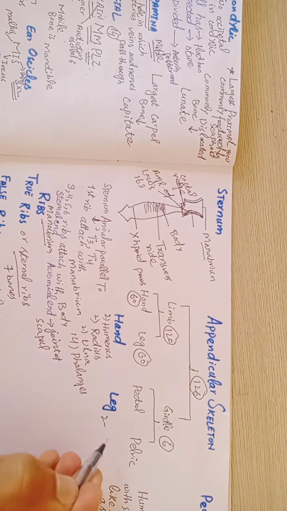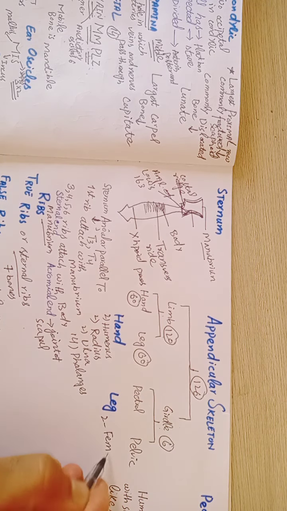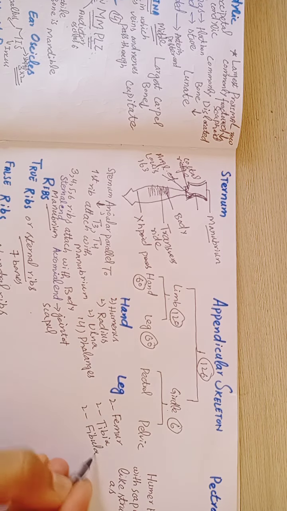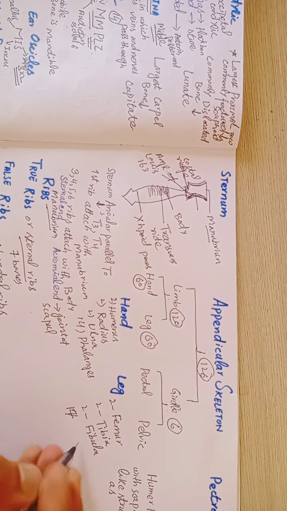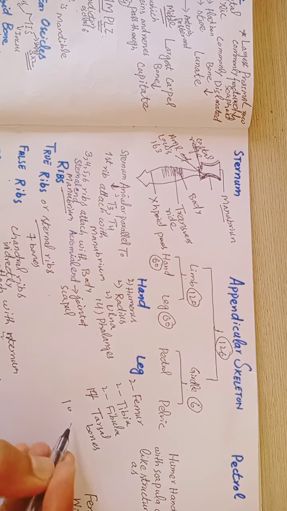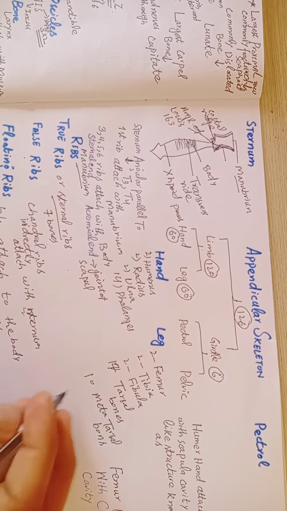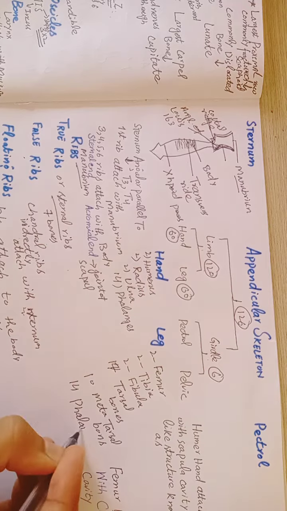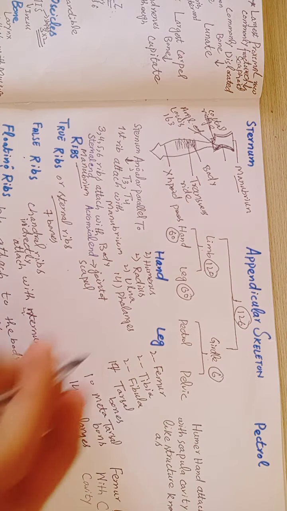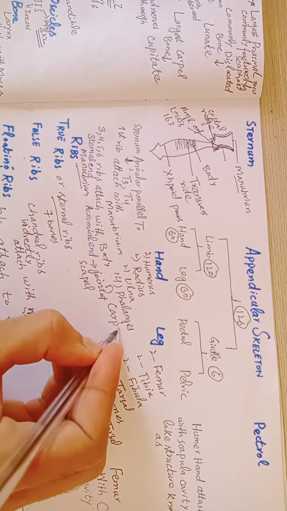The leg consists of 2 femur, 2 tibia, 2 fibula, 14 tarsal bones, 10 metatarsal bones, 14 phalanges bones. Also five carpal bones.